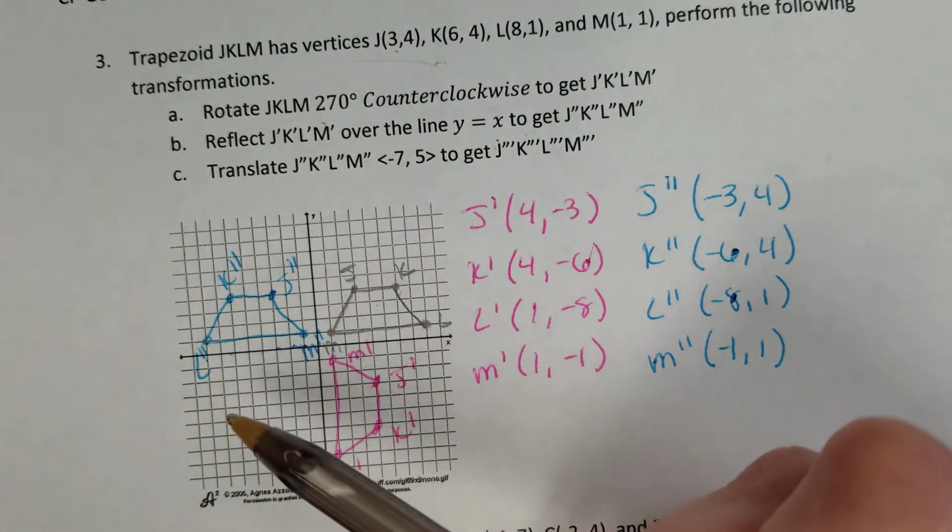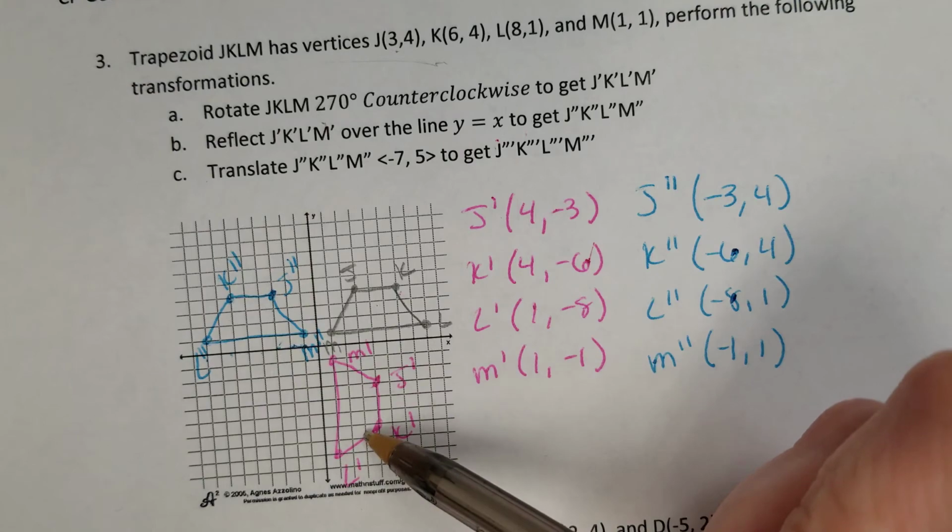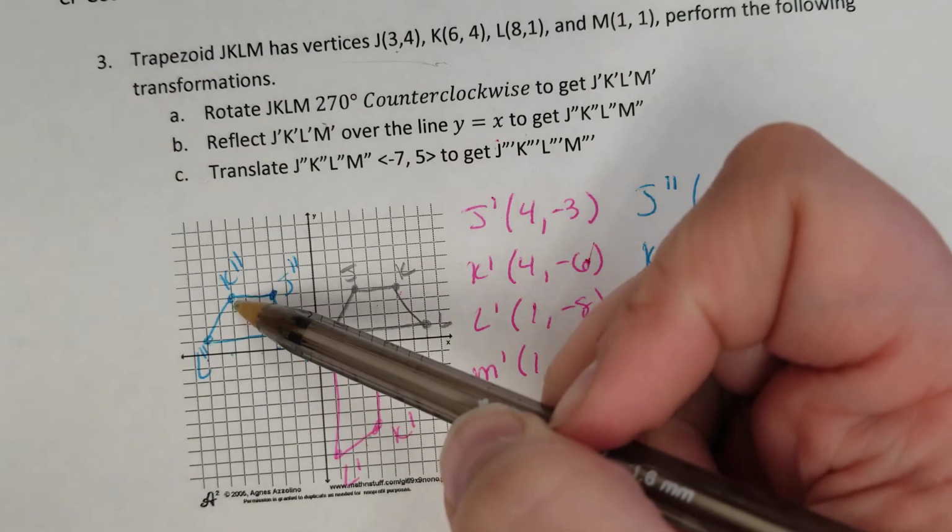All right, so the blue shape is now the pink one reflected over line y equals x.